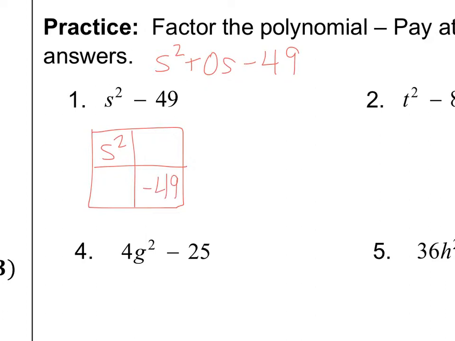Now we know the 49 is a perfect square, and we know that we're going for a 0. Positive 7 and negative 7, when you combine them, will give us our 0. So our answer to this is s plus 7 and s minus 7.